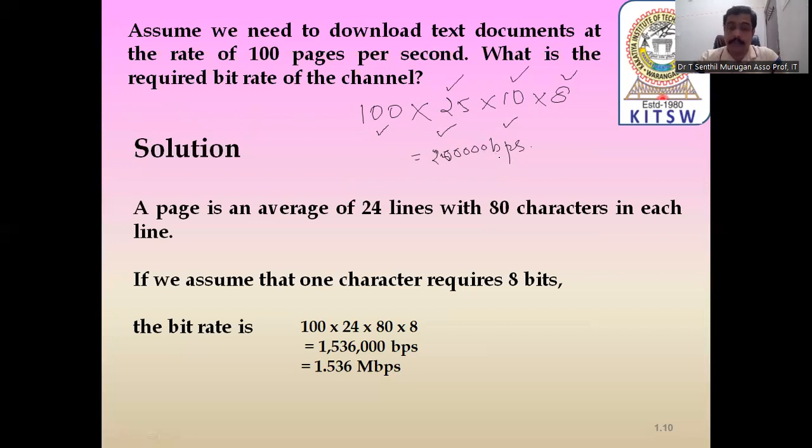This is the bit rate. So how can we represent it in kilobits per second? Because these three zeros will be 10 power 3. 10 power 3 means kilobits per second. So normally we say 200 kilobits per second.